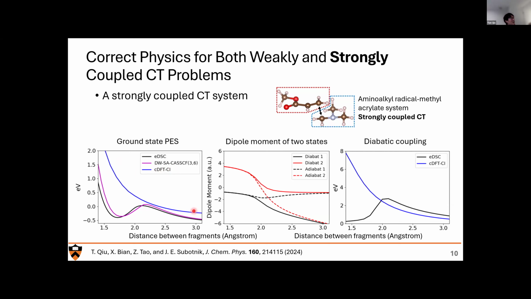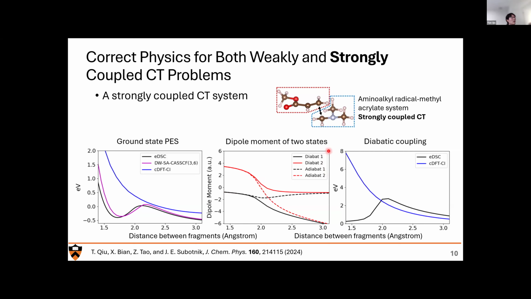We believe the reason is that we don't require a predefined diabatic scheme to define the diabats, so that we can capture the adiabats well. And further analysis on the dipole moment and also the diabatic coupling confirms that the state we found does correspond to a strongly coupled charge transfer state.